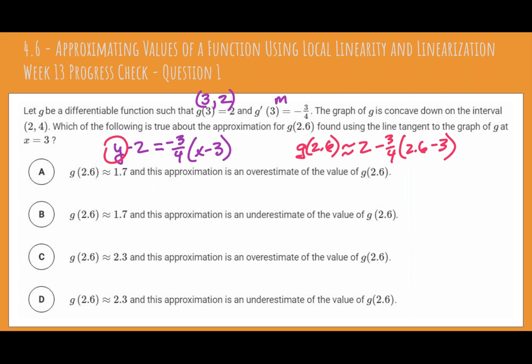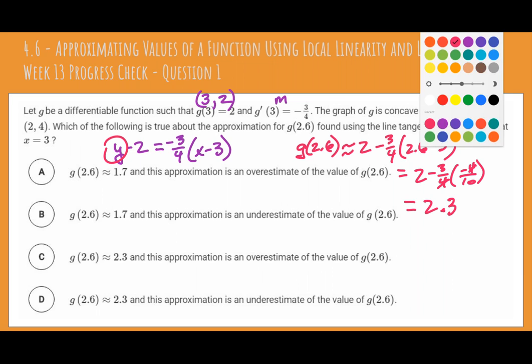2.6 minus 3 is negative 0.4. So this is going to be equal to 2 minus 3/4 times negative 0.4, or negative 4/10. I would think of it as negative 4/10, and that's going to help with simplifying. So that's going to be 2 plus 3/10, or 2.3. All right, so this is an approximate value of g of 2.6.